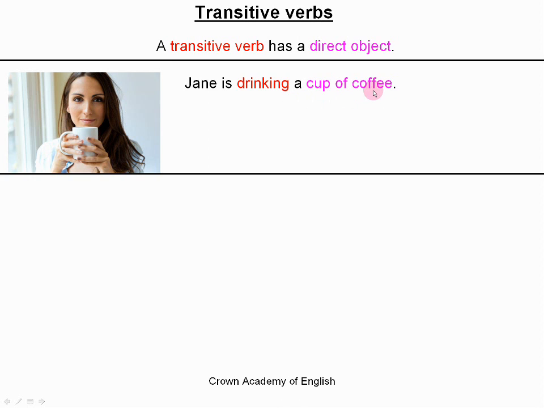So this is the direct object. I have made a sandwich. Direct object. Mark is playing football. Football is the direct object. Mark is playing what? Football.